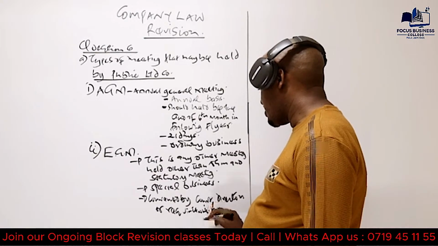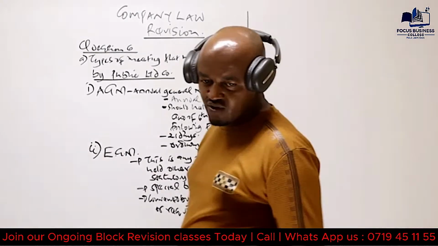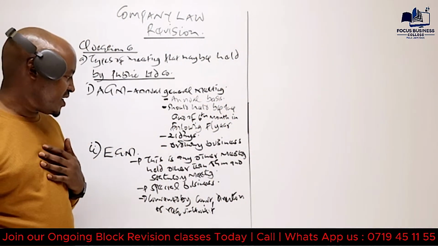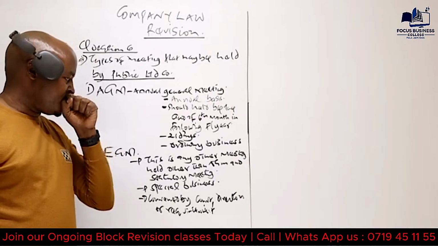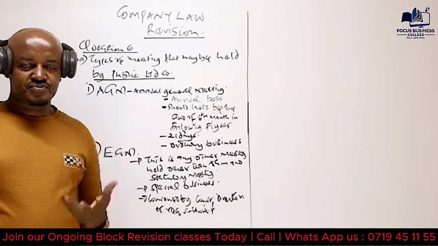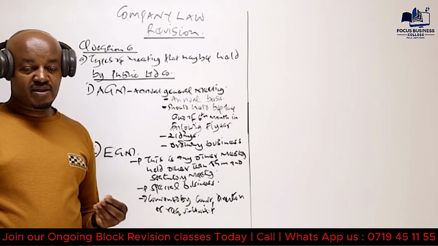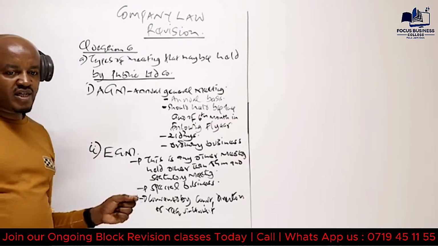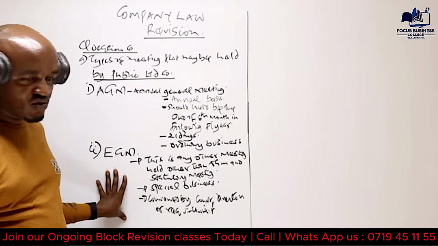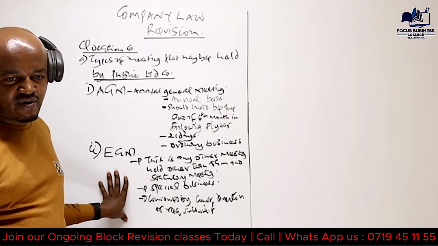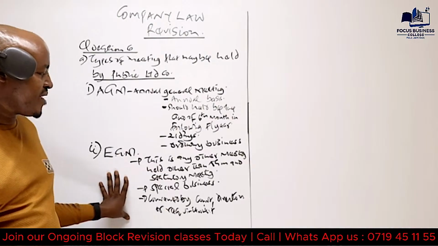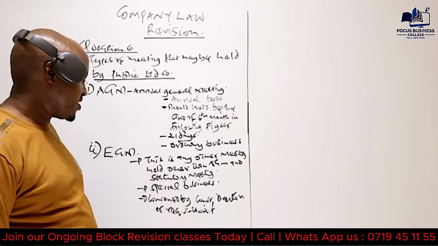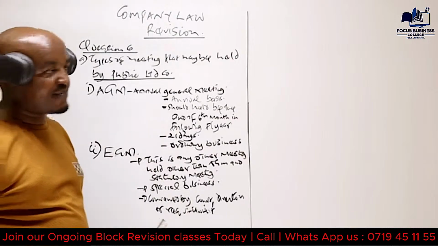Remember, I explained who the requisitionists are: those members of the company who request the directors to convene this meeting. Once the directors have been requested, they must convene the meeting within 21 days. If they fail to do that, then those members who requested the meeting, now known as the requisitionists, can go ahead and convene that meeting.